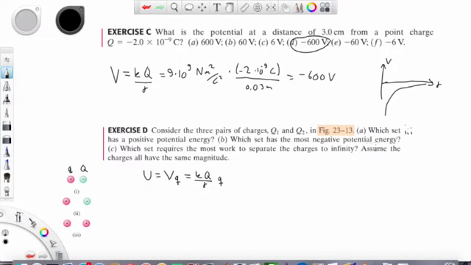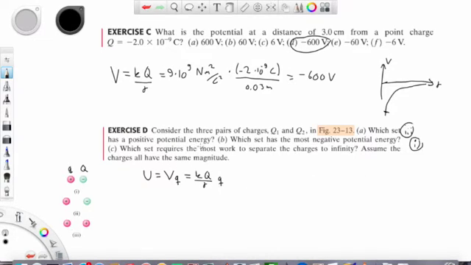Then, which set has the most negative potential energy? By most negative, we mean how low we are on this curve. So pretty much the magnitude of this expression. So the magnitude is largest when the R is smallest. So the first pair would have the most negative energy.